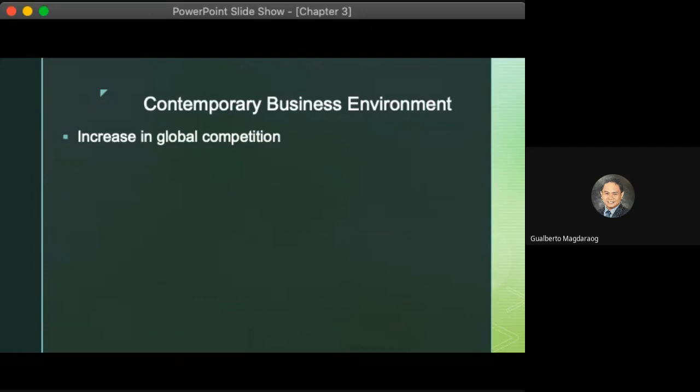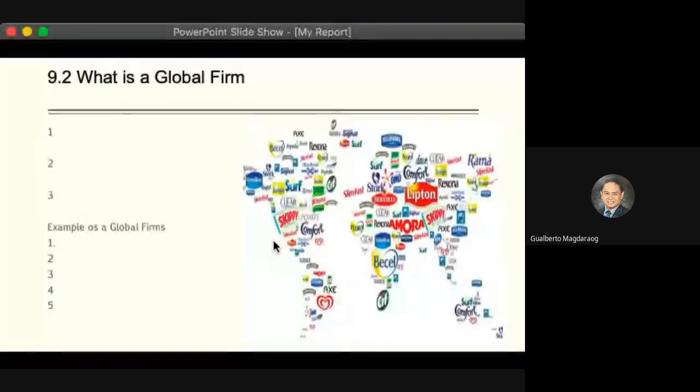Maybe for me to better explain this to you, I'll be sharing a different slide. This is actually a report by one of my students in the doctoral program.